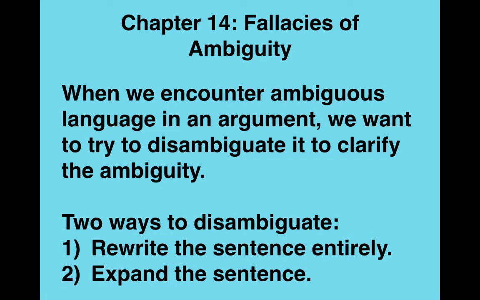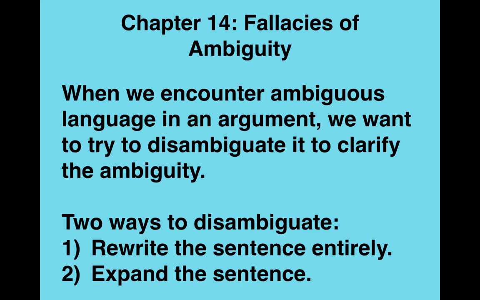So what do we do when we encounter ambiguous language in an argument? What we want to do in order to be charitable is to try to identify whether or not the author of the argument has been ambiguous. So we want to try to disambiguate any of the ambiguous terms in order to clarify the ambiguity in the argument.